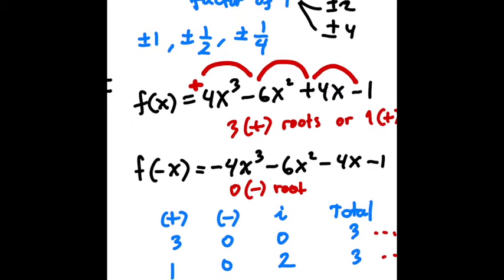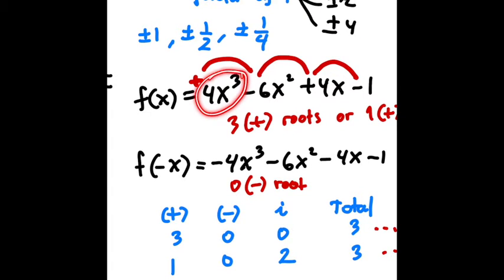Okay, so we can make a table. So 3 positive zeros, total is 3 because we have x cubed. Okay, so for every polynomial with the highest degree, for example, if this is 3, then the total roots should be 3.